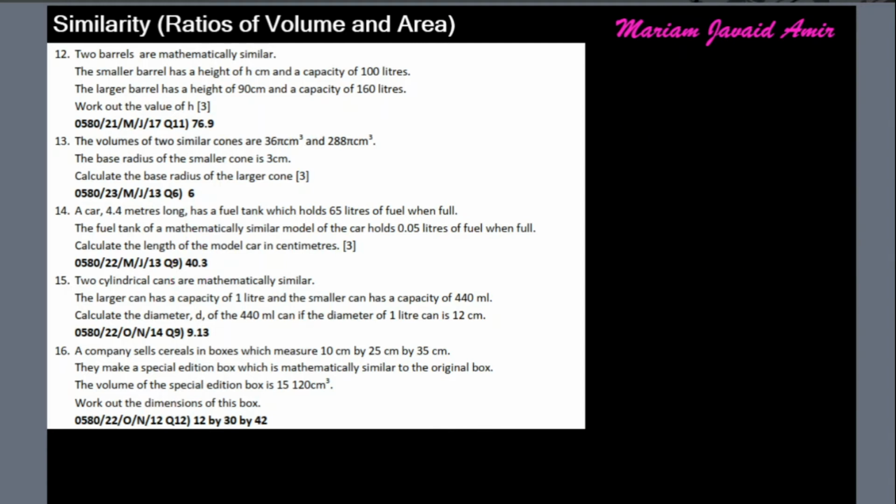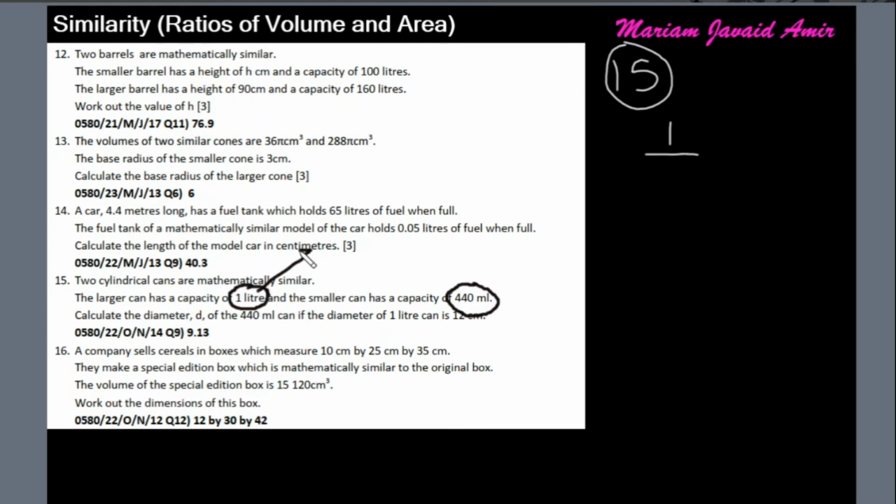Okay. Question 15. Two cylinder cans are mathematically similar. The larger can has capacity 1 liter and the smaller can has capacity of 440 milliliter. Now make sure that these units are the same. This is 1 liter, so either change this into liters or change the other into milliliters.